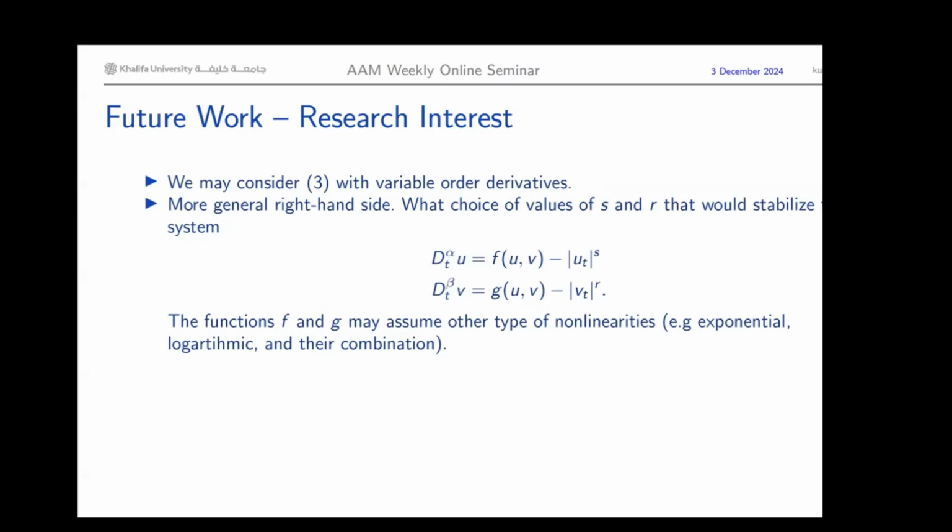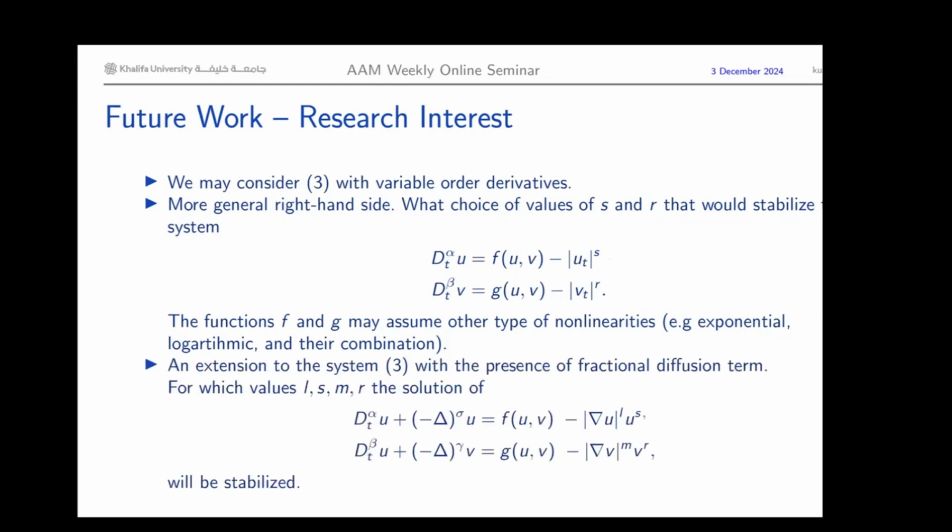So one might ask, if we subtract some power, which power of S and R here would essentially stabilize the system? This could be a future possible direction for research.